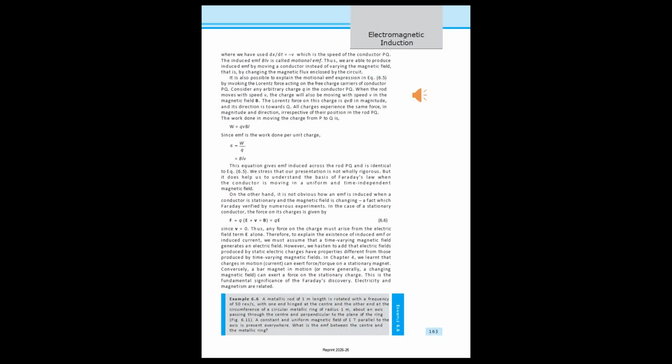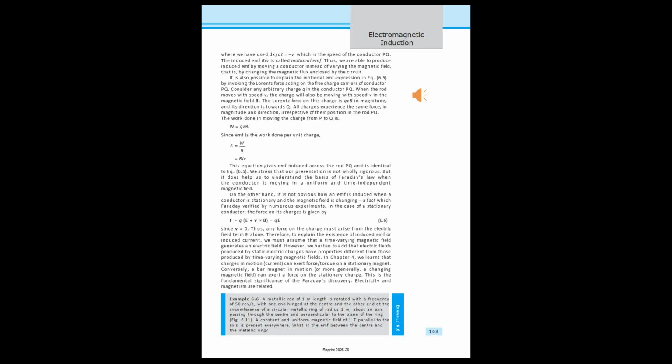It is also possible to explain the motional EMF expression in equation 6.5 by invoking the Lorentz force acting on the free charge carriers of conductor PQ. Consider any arbitrary charge Q in the conductor PQ. When the rod moves with speed v, the charge will also be moving with speed v in the magnetic field B. The Lorentz force on this charge is QVB in magnitude, and its direction is towards Q. All charges experience the same force, in magnitude and direction, irrespective of their position in the rod PQ.